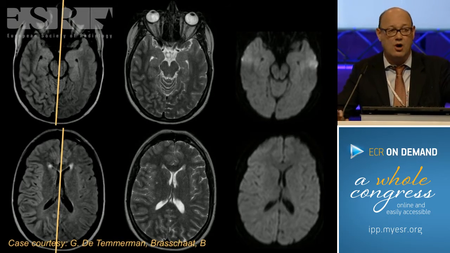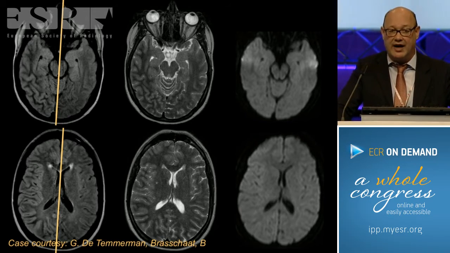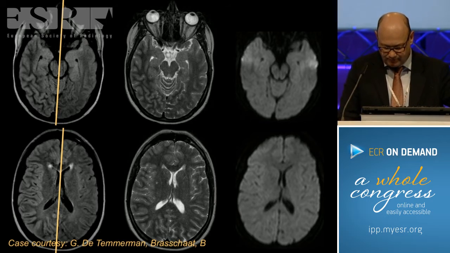Finally, just to show how most of us are looking at images. Most of us will look for asymmetry. And if you look for asymmetry, then sometimes it's easy to make the diagnosis. If you find asymmetry, then you will say, this is the normal side, this is the affected side, which is not normal.